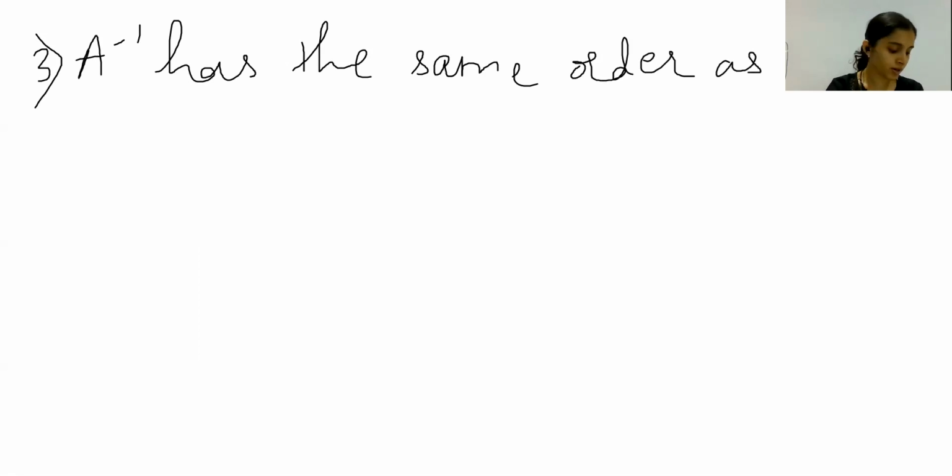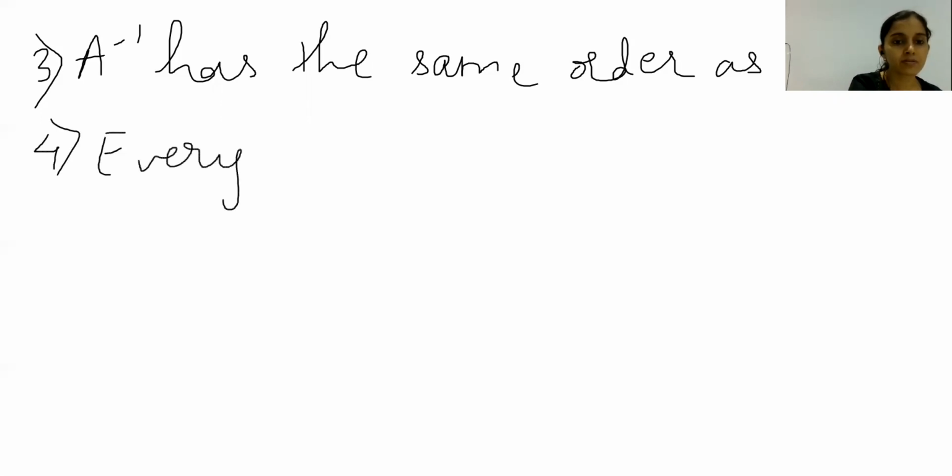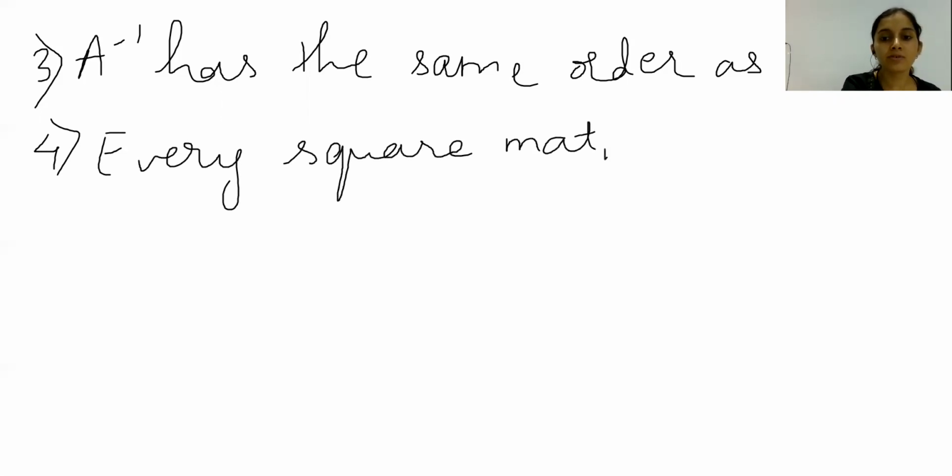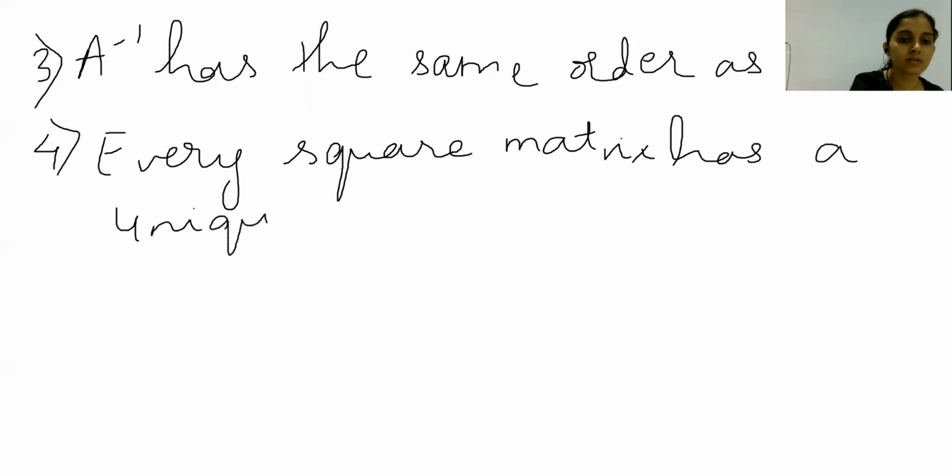It has the same order as A. Then, every square matrix has a unique A inverse. That means the inverse of any square matrix is unique. There cannot be two different values of an inverse of a matrix.